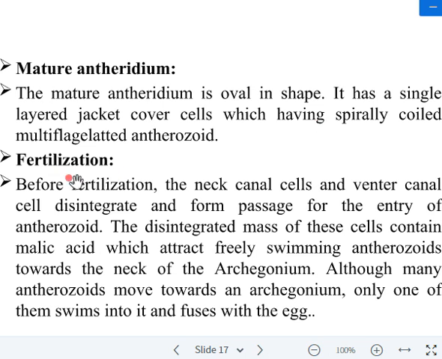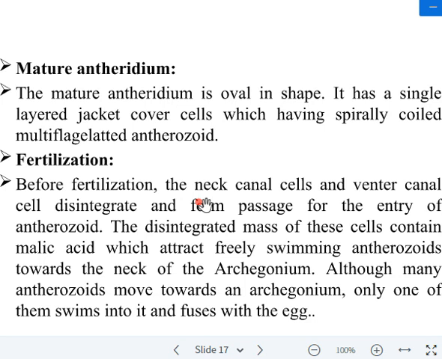What happens during fertilization? As you know very well, in bryophytes as well as pteridophytes, fertilization takes place by the chemotactic method. At the time of fertilization, some changes are reported in the archegonium. The neck cells as well as the neck canal cell along with the ventral canal cell degenerate and provide malic acid and fumaric acid.